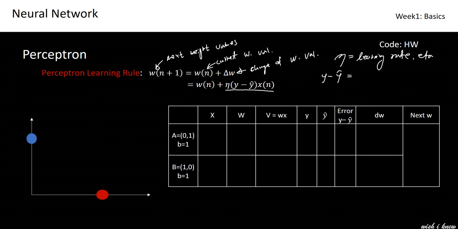So y, just simple y, is our actual or desired y value, minus y hat, the predicted one, like the output of the perceptron. And this is the error. And xn is just the current input that caused this error.